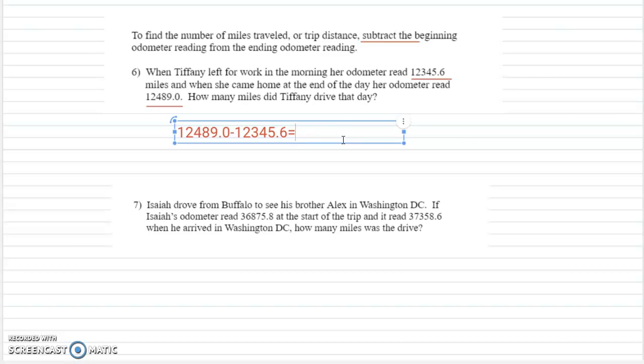So in this case, I got 143.4 miles. So that's a decent amount of driving in a day, but it is doable. Maybe she ran some errands after work. She's got a long drive to work, something like that.